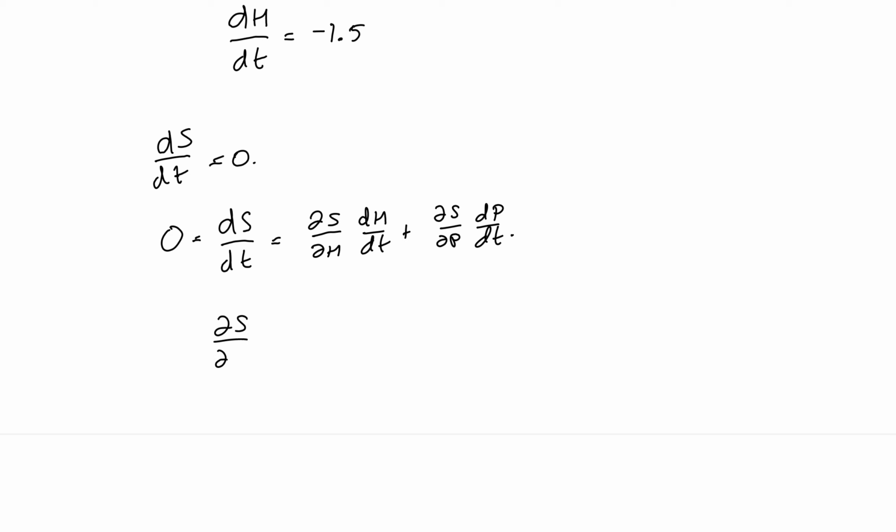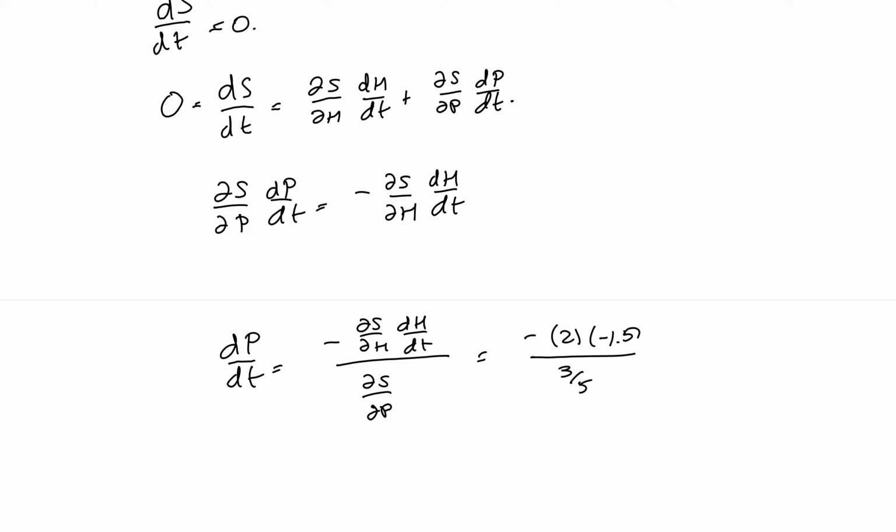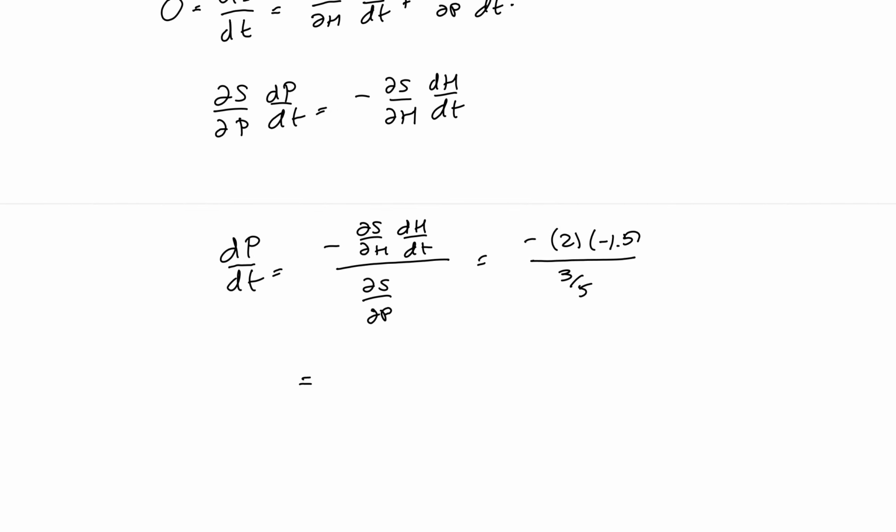I get ∂S/∂P dP/dt is equal to negative ∂S/∂H dH/dt, or dP/dt is equal to negative ∂S/∂H dH/dt over ∂S/∂P. Now we can fill these in. I have minus 2 times minus 1.5 all over 3/5. And so this is 3 divided by 3/5, which is 5.